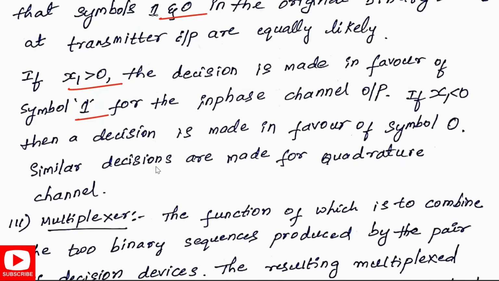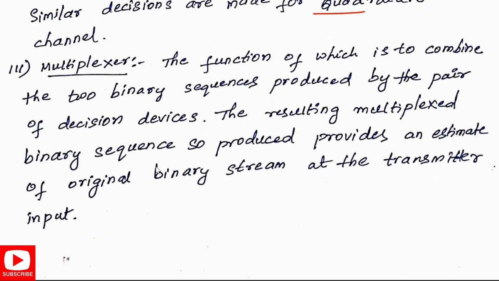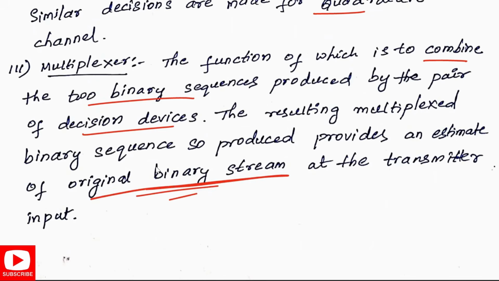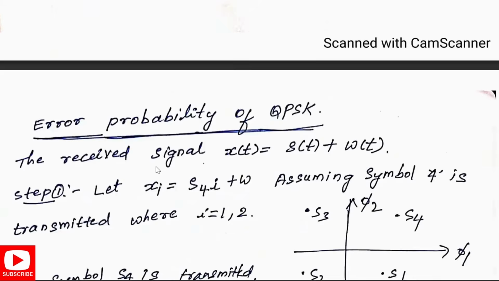If x is less than 0, then it is in favor of 0, and similarly for the quadrature channel. The multiplexer is used to combine the two binary sequences that are separately produced by the two decision devices. This results in a multiplexed binary sequence, which provides an estimate of the original binary stream that had been transmitted at the input.